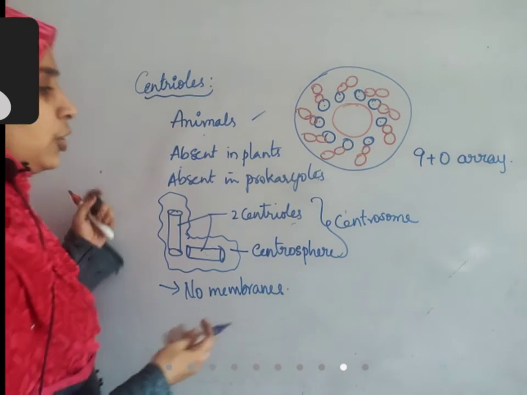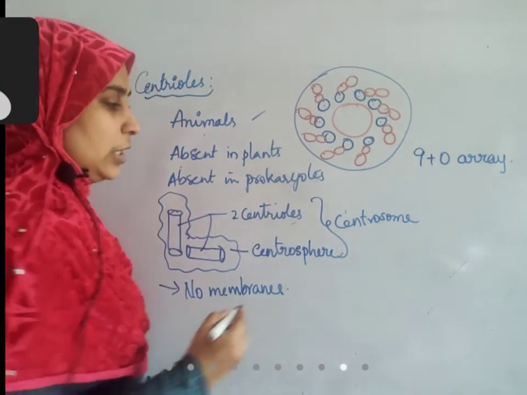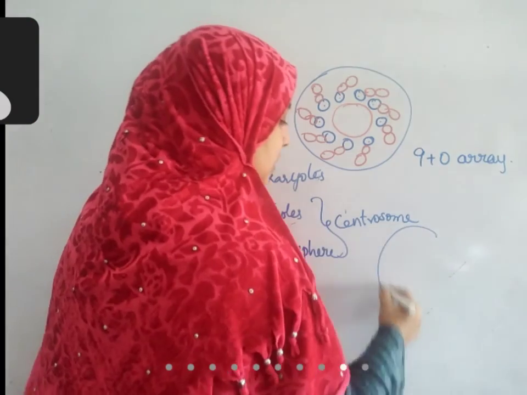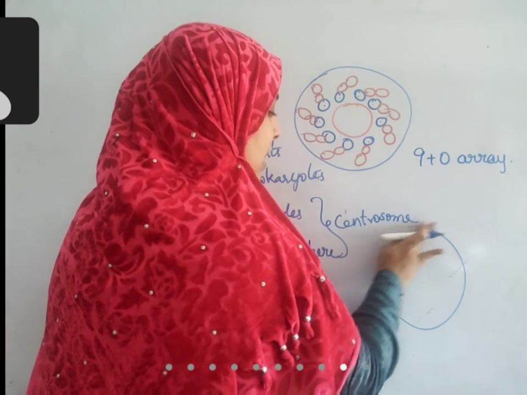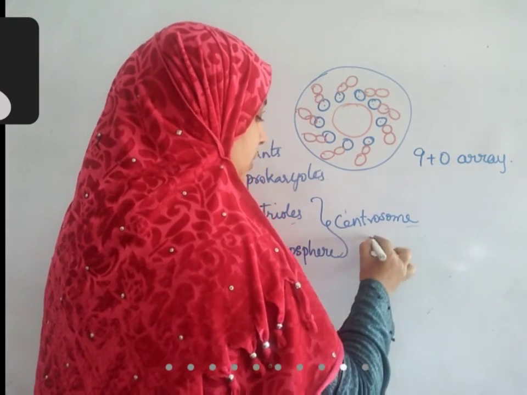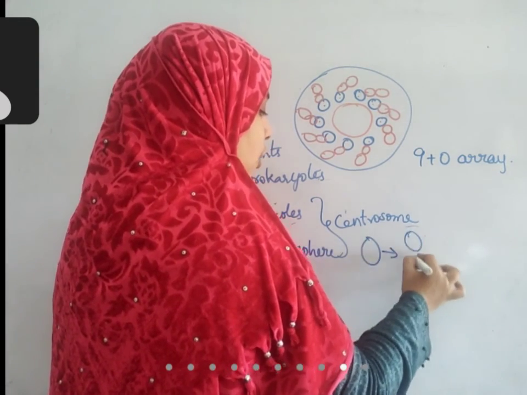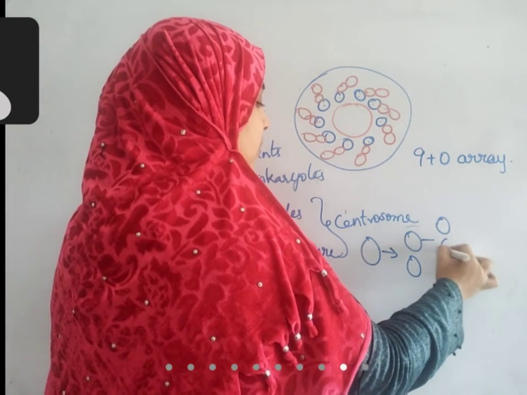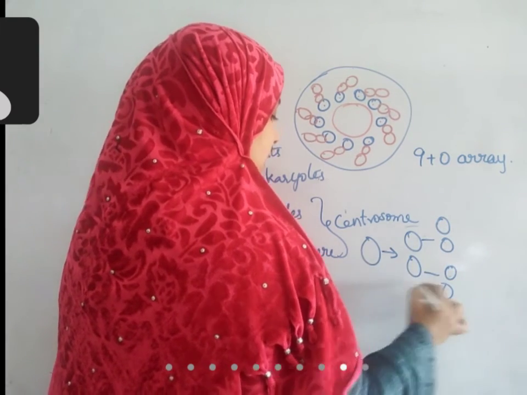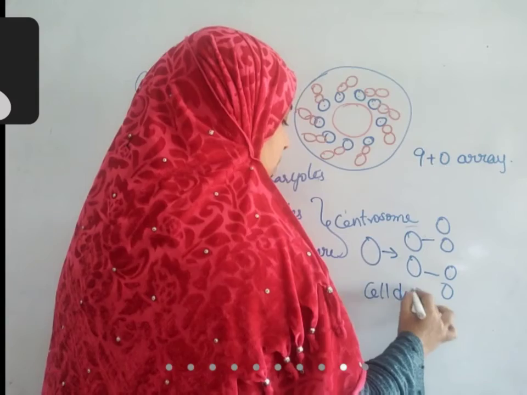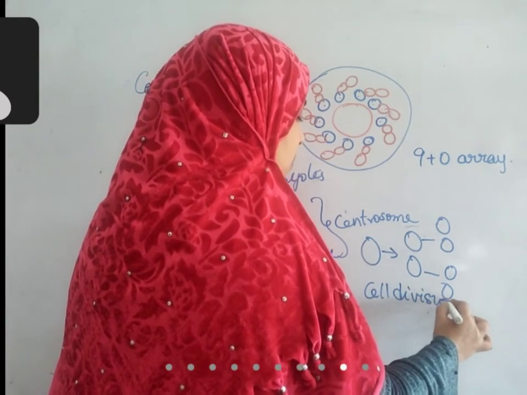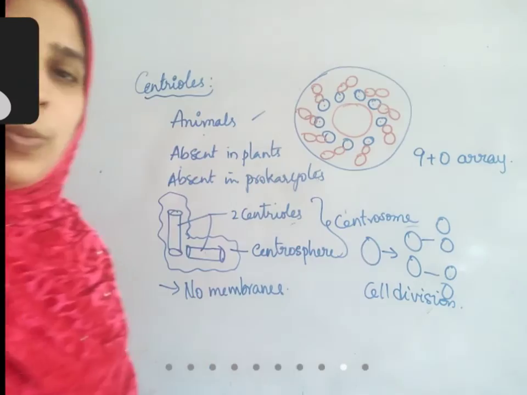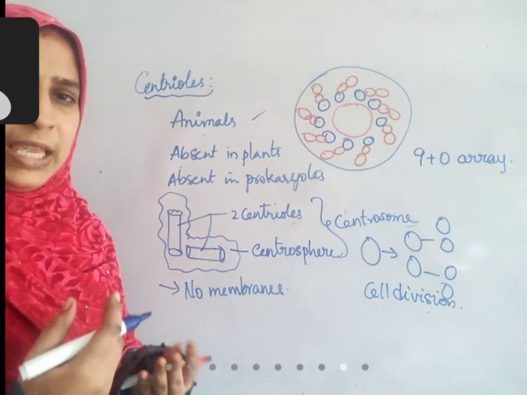What is the function of centrioles? What do they do? During cell division, this is a cell and every cell undergoes cell division. Each cell will divide to form 2 cells. Again, each cell will divide to form 2 cells. This process is called as cell division and it is very important for our growth. Our body should grow and repair the tissues.